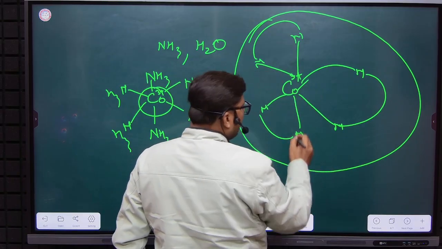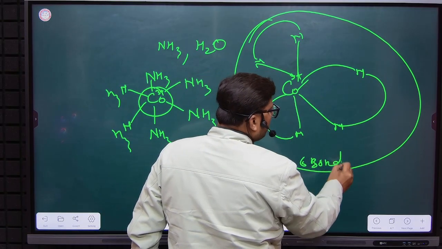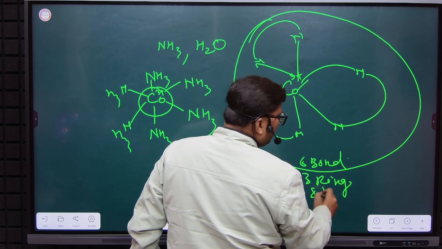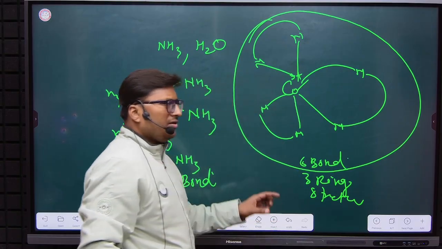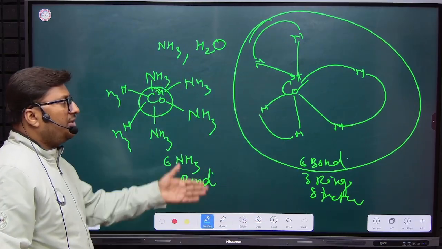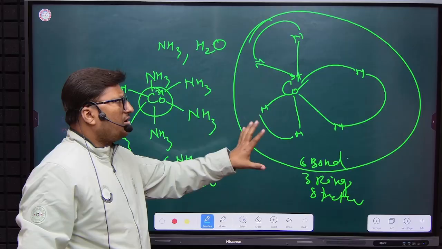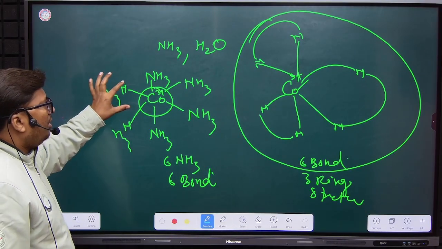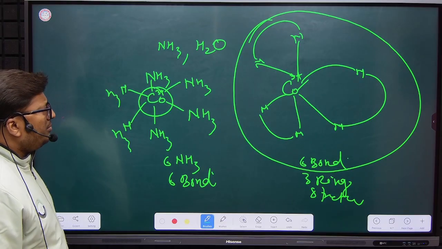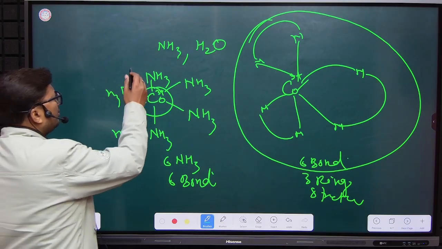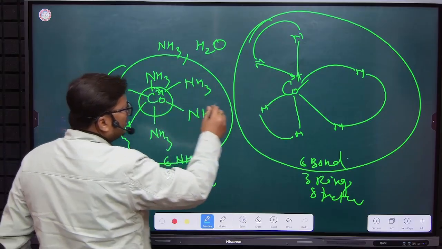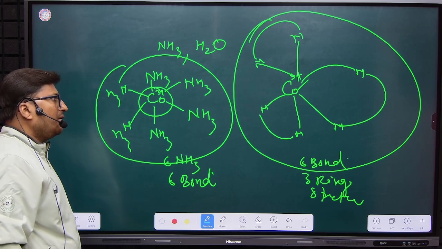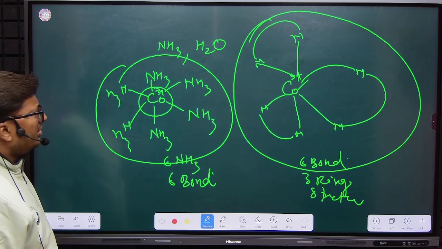Here also there are 6 bonds, but 3 ring structures form. The larger the number of rings, the larger the stability of the metal chelate. Where there is no ring formation, simple six directional bonds are formed, so they are not as stable as the analogous chelate. So metal chelates are highly stable compared to non-chelates.